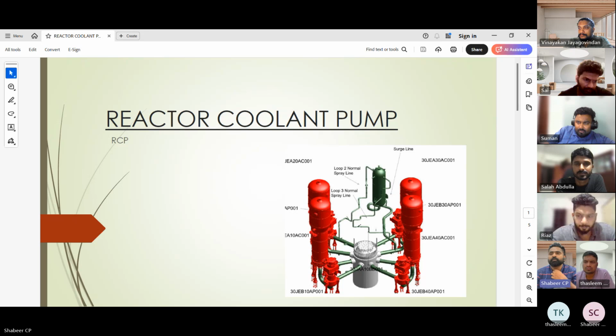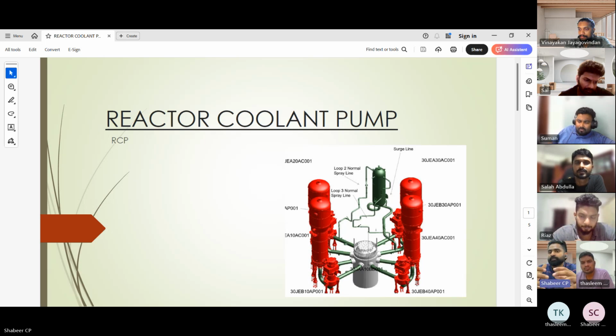So Salah, in case of four loops, even though one or two RCPs are not working, the reactor can easily operate during the normal operating period, because two RCPs are enough for operating the reactor up to the full power capacity.